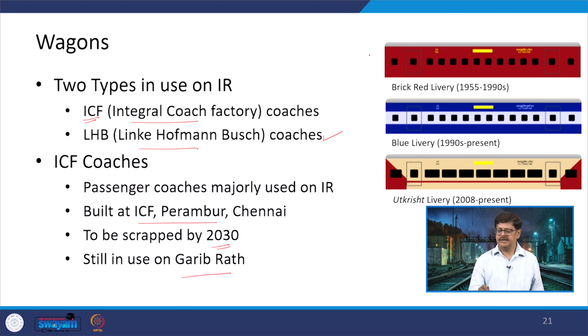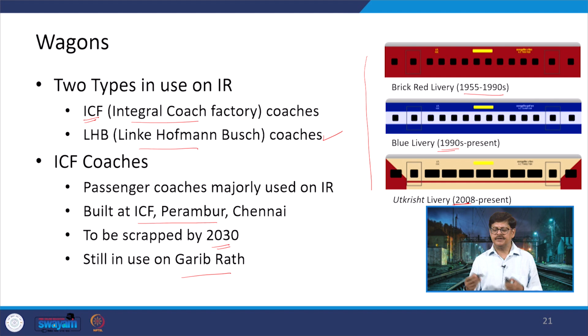So, we can see that there are different color code coaches. The first one, the brick red livery, was there from 1955 to 1990, and after 1990 it was taken out. The blue one started in 1990 and is still in use, and the Utkrisht type of livery started in 2008 and is still going on.